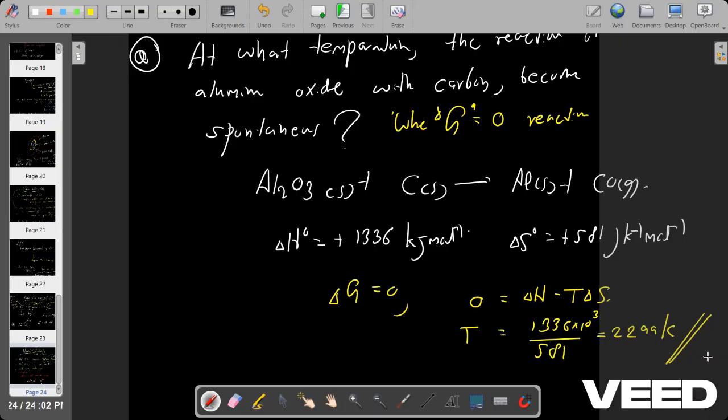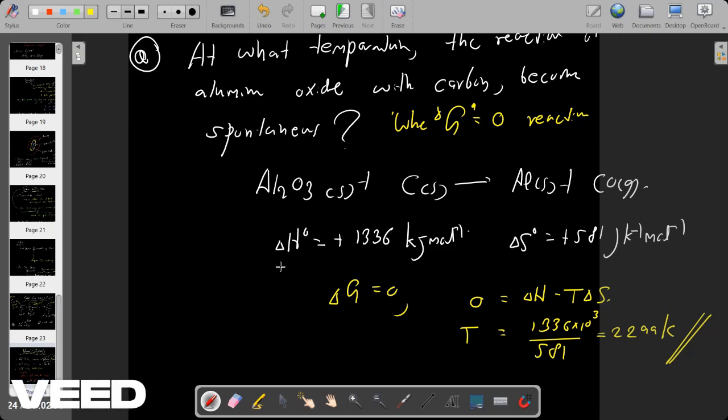Delta S is positive. Yes, delta S is positive. And delta H is positive, so it is an endothermic reaction. So therefore, it is becoming spontaneous only at high temperatures, right?